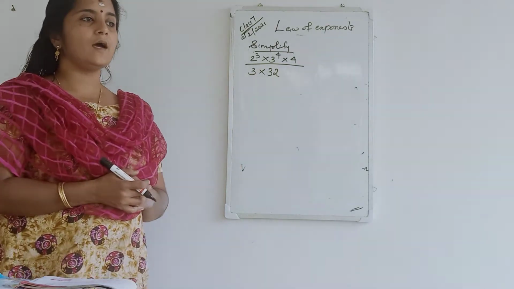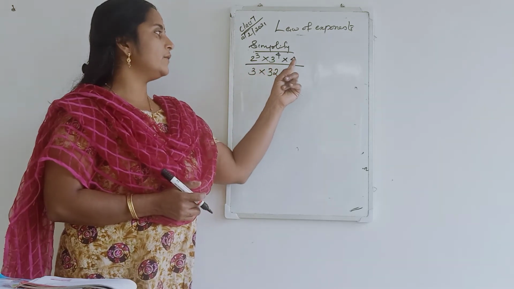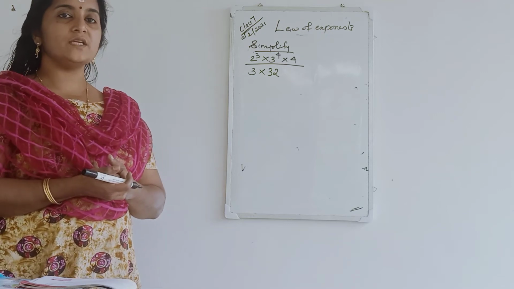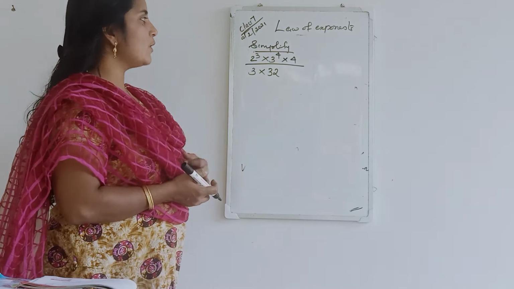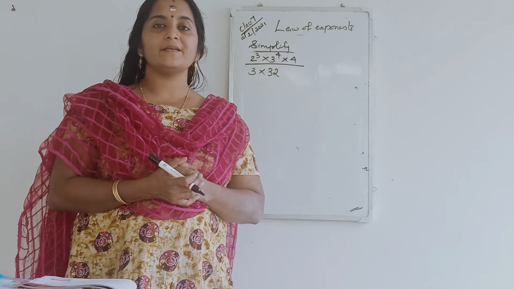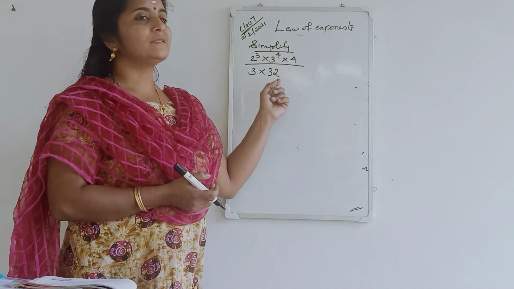Here we have different bases, that is 2, 3, 4, 3, 32, all these. So first what we do is convert it into the same bases. 2 and 3 are the smallest numbers. Then 4 we can write as 2 square. And 32 is the largest number.